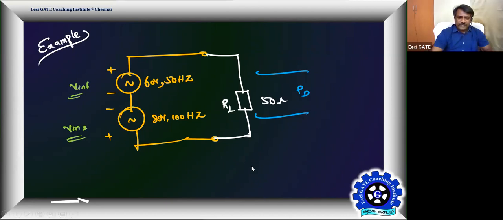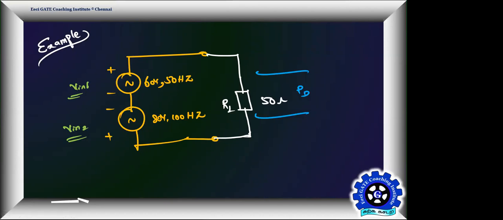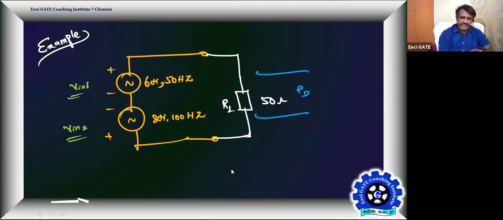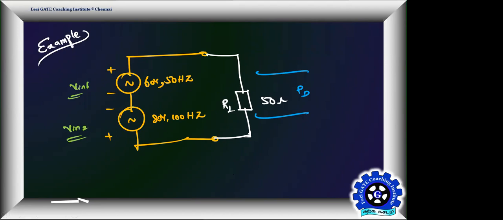How did we make it, Tejal? Sir, same root, sir. 80 square plus 60 square or 80 square minus 60 square? Plus only, sir. Plus. Okay.